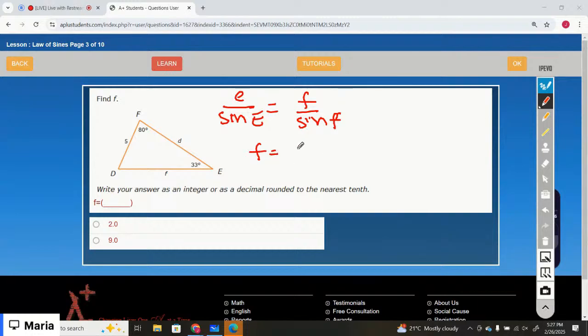So F equals E times sine f divided by sine E. That is 5 times sine 80 divided by sine 33.